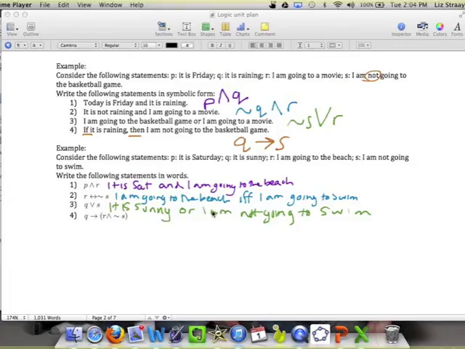So this last one has a lot going on in it. It has the arrow. The arrow means we have to do something at the beginning and the middle of our statement, because the arrow represents both the words if and then.